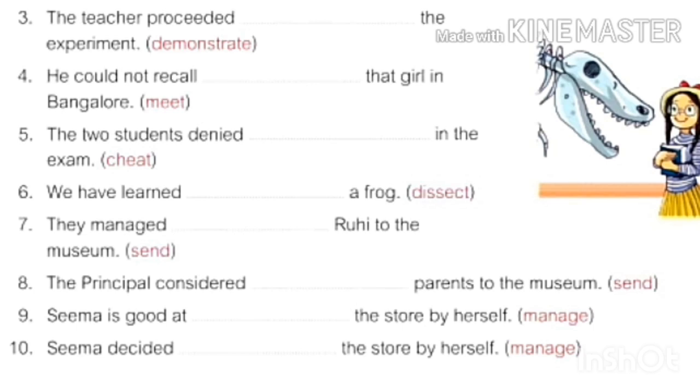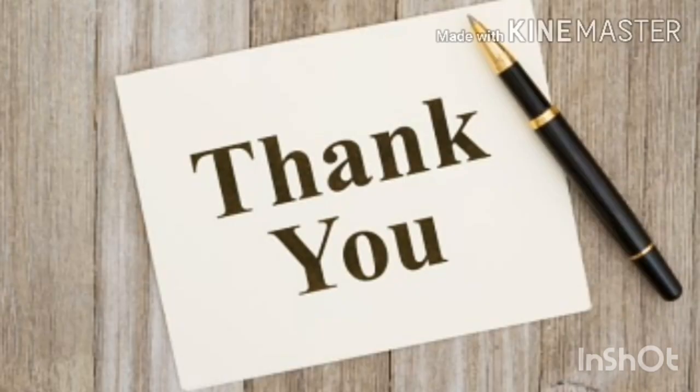You see the video once again if you are confused about anything, so that it would be clear to you. Sima decided to manage the store by herself. Okay, so with this, the non-finite chapter exercise solution has ended, and I hope you will be writing all these things and keep it carefully, so that when Grammar Magic is given to you, you can just copy the answers in that. Okay, take care, stay safe.